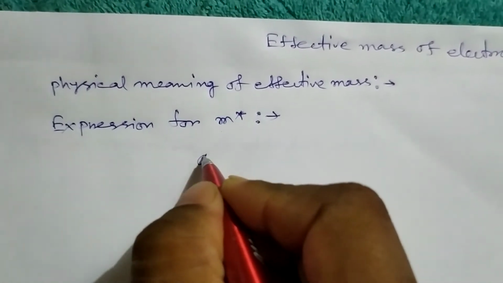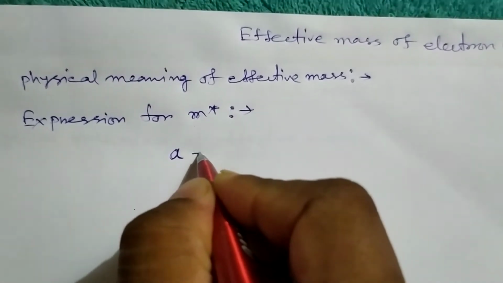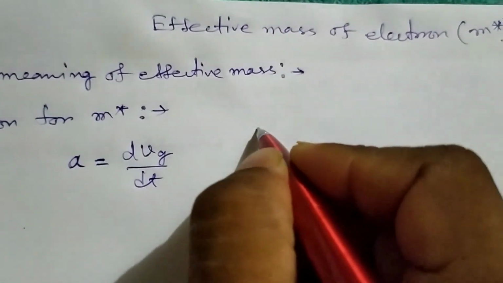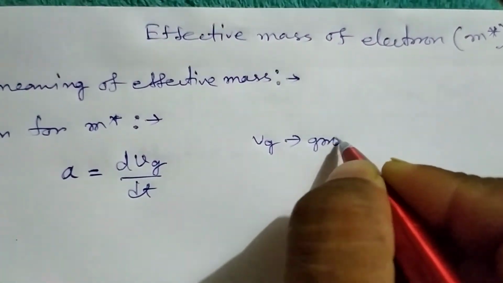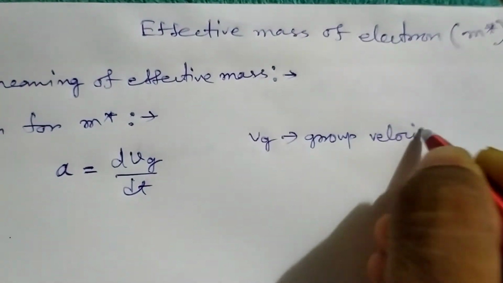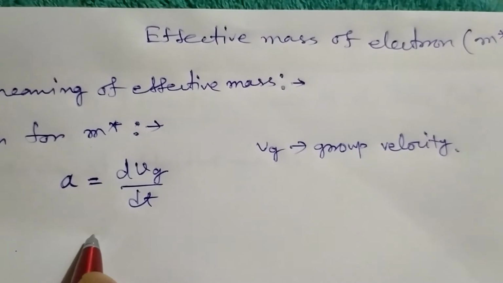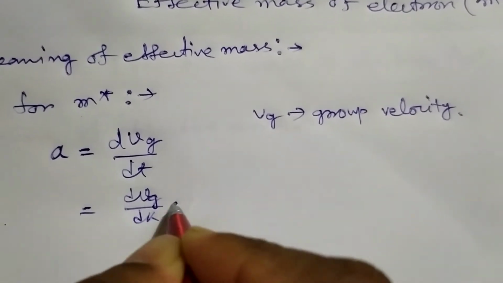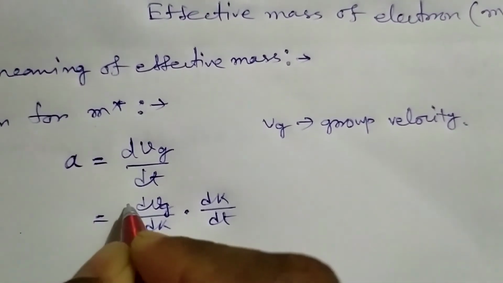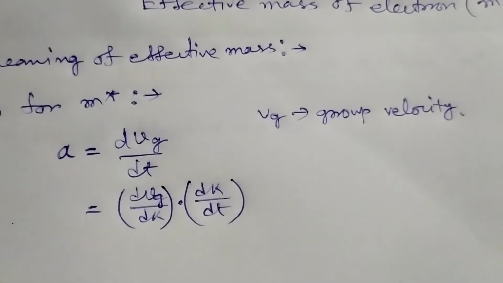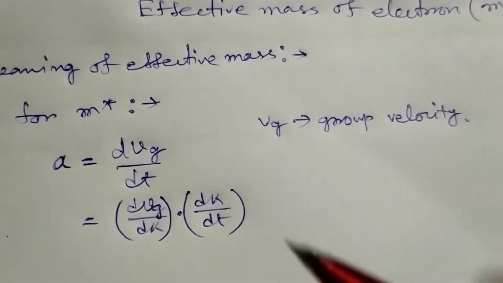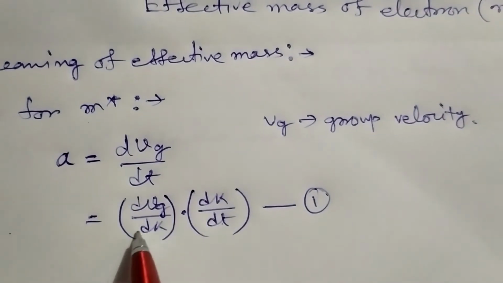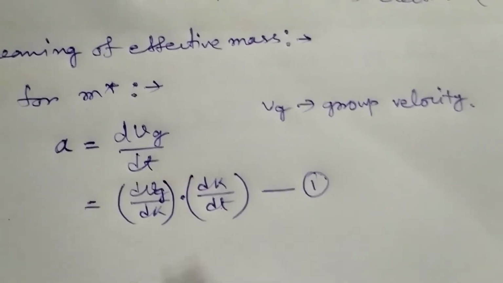So the acceleration of the electron inside the crystal may be represented by a equal to dVg/dt, where Vg is the group velocity. So you can write this as dVg/dk into dk/dt. So we have obtained two terms, one is dVg/dk and another is dk/dt. To find the expression for acceleration, you need both the dVg/dk term and the dk/dt term.